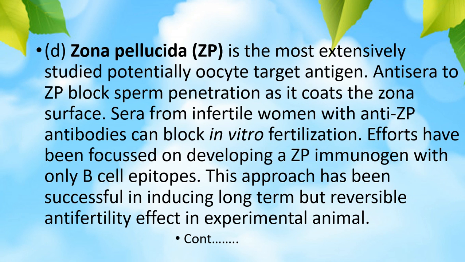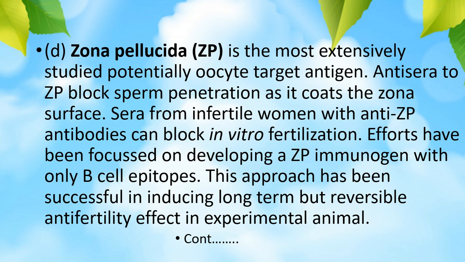Next is zona pellucida. Zona pellucida is a covering. It is the most extensively studied potential oocyte target antigen. Anti-sera to ZP blocks sperm penetration as it coats the zona surface.